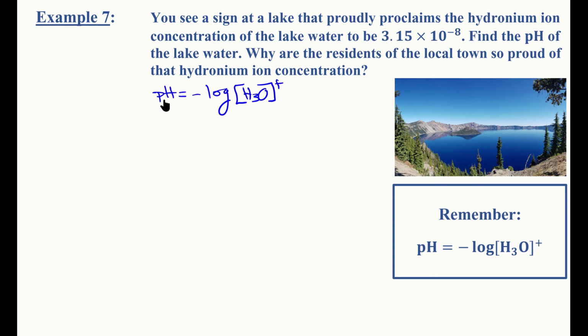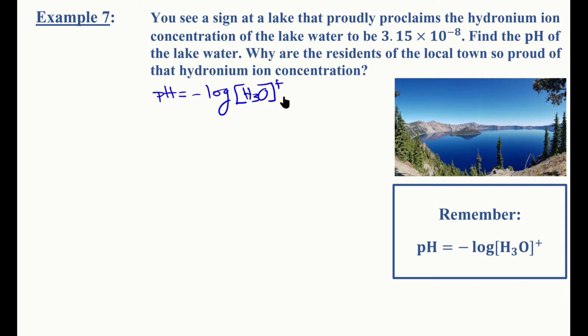Now, notice we have two quantities that could be unknowns here. One is the pH, the other one is this hydronium ion concentration. All of that is just one number that we refer to. One will be given, the other will not, and we'll be asked to calculate the one that is not given.